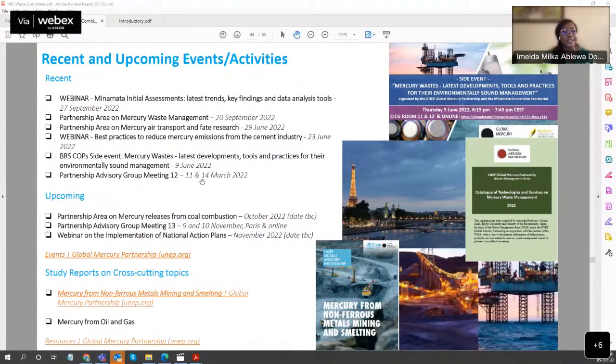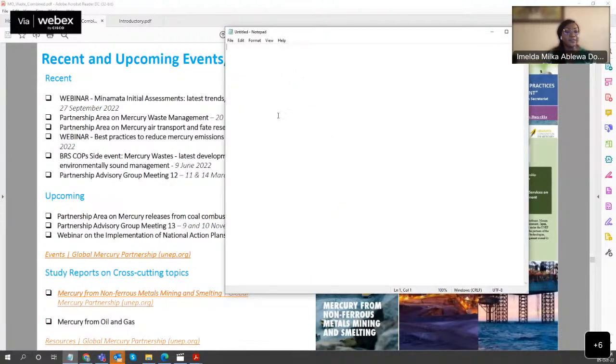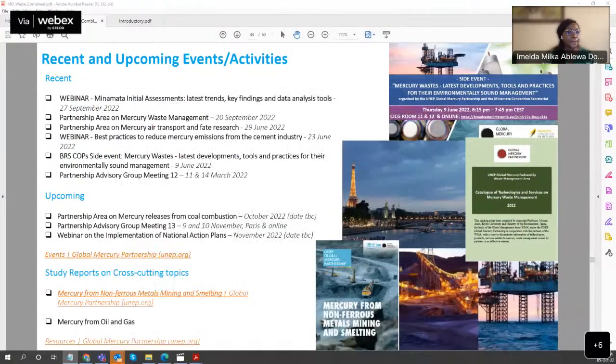In those reports, authors have already proposed an initial discussion on the management of waste resulting from these sectors. The first report is already available on the Global Mercury Partnership website, and the second one is in its final stages for publication, so will be available soon.